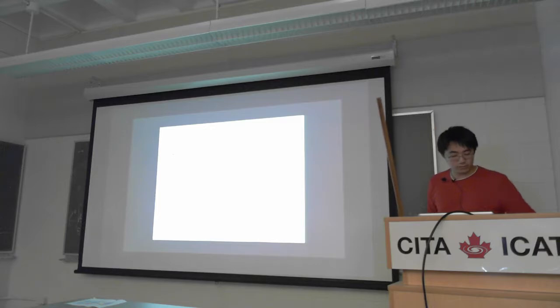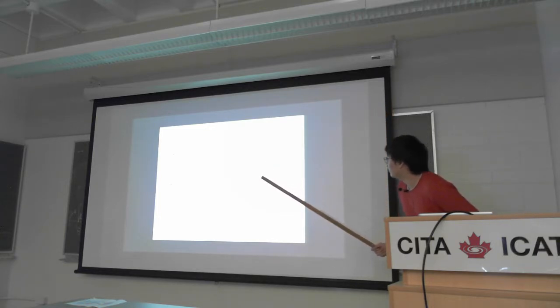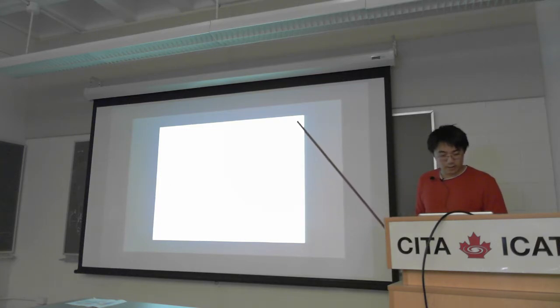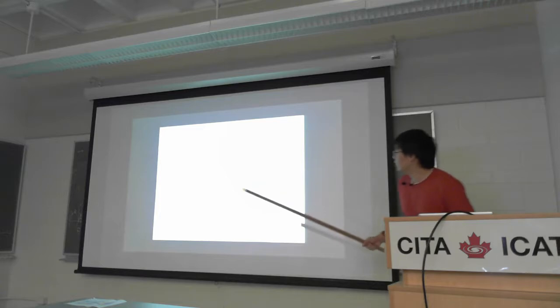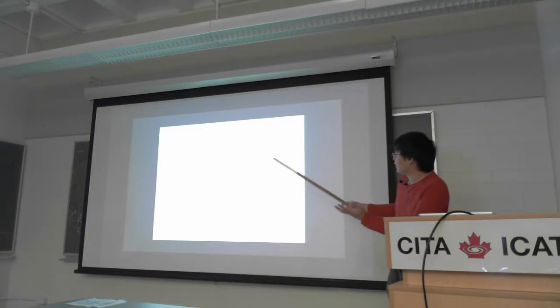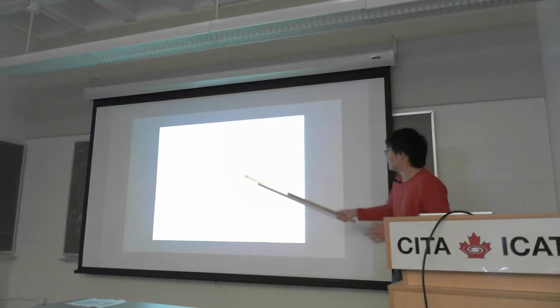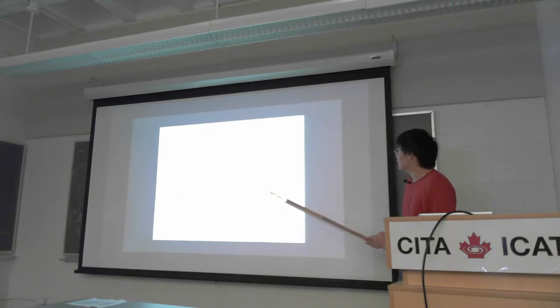Okay, so just going over the normal framework of lensing. You have your pulsar emitting an EM wave. It scatters at some screen and then comes to us.